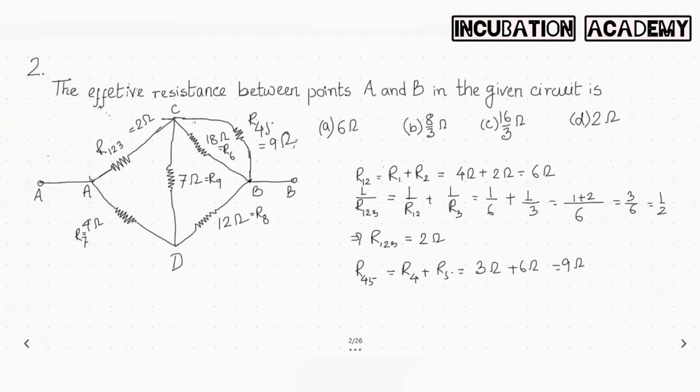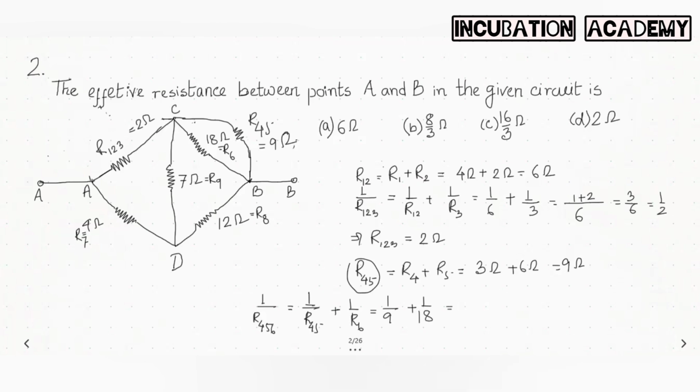Now R45 and R6 are in parallel with each other. That means this 18 ohm and 9 ohm are in parallel. So we can write 1 by R456 equals 1 by R45 plus 1 by R6. 1 by R45 is 1 by 9 and 1 by R6 is 1 by 18.